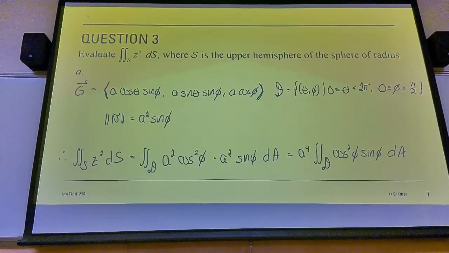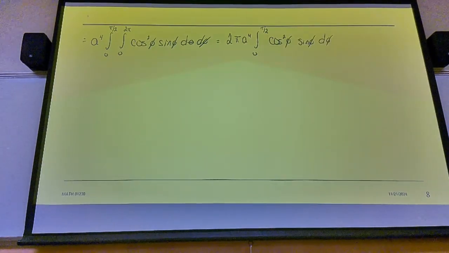When simplified, this is what we're going to have. You should see there's no theta. So when we integrate with respect to theta, we're just going to get 2 pi.